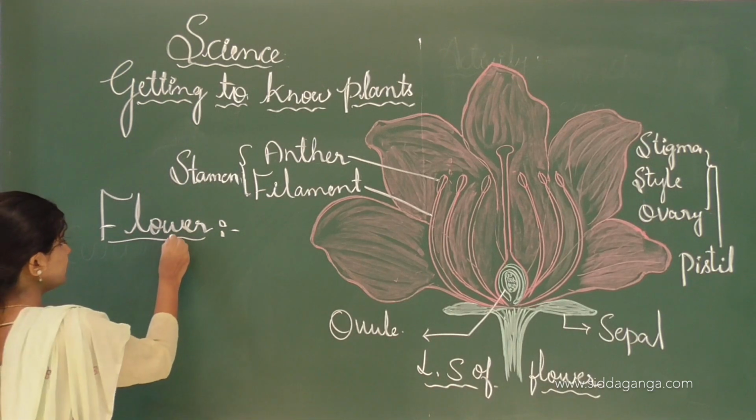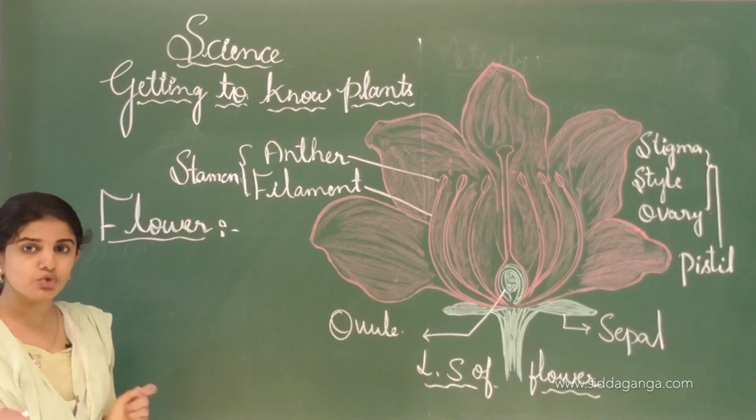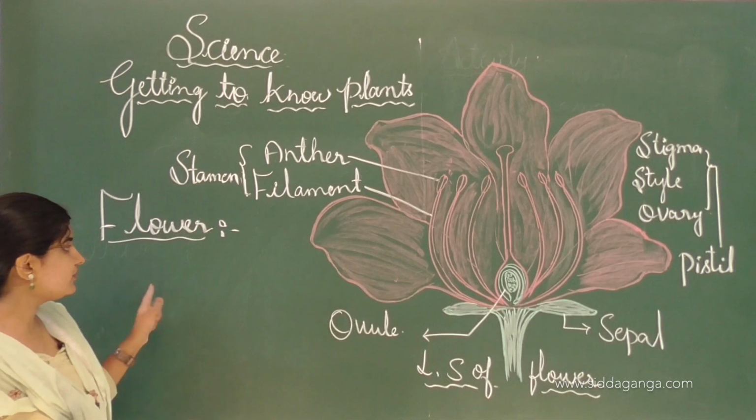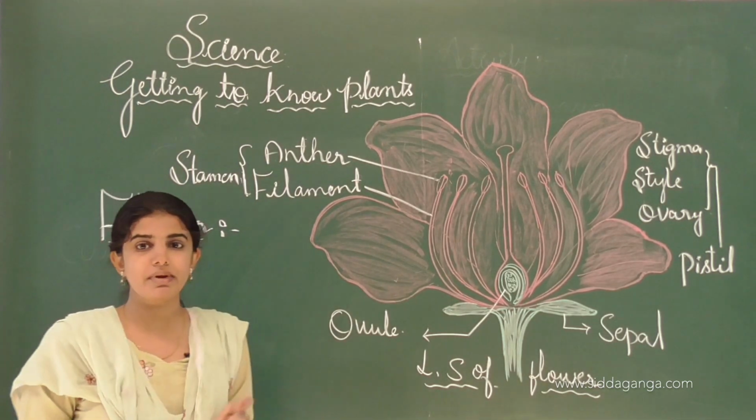Plants are divided into two groups, as I told you: flowering and non-flowering plants.